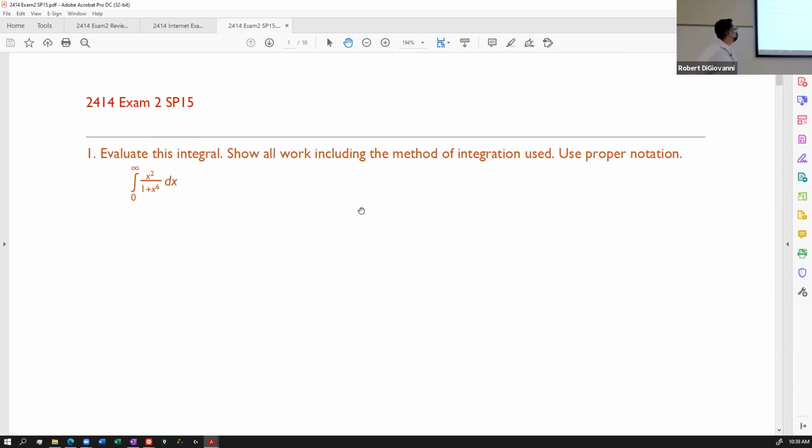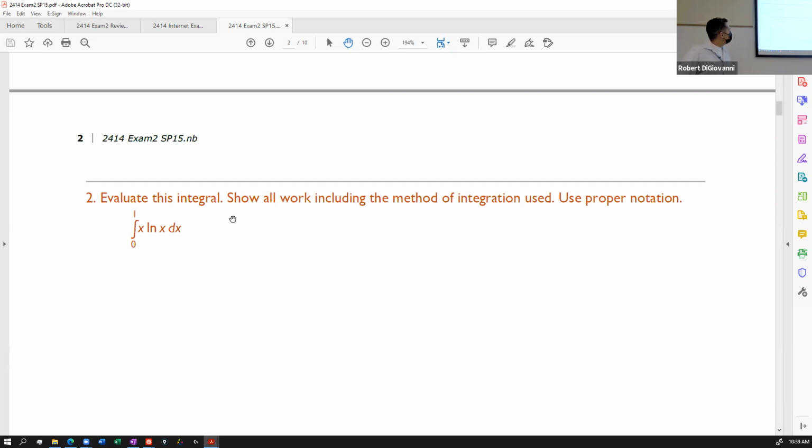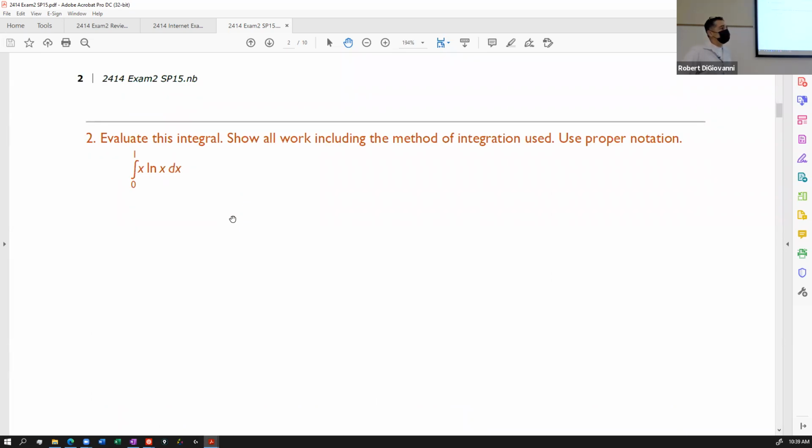Now this is probably, I don't know what we're covering here because every class is a little different, like where we stop at the first exam and start the second one. That's basic U sub. It doesn't look like it, but it is. Parts. Definite integral. You have a problem at 0, right? Natural log of 0. So this is an improper integral that requires integration by parts.